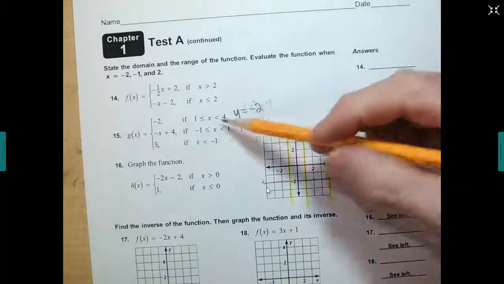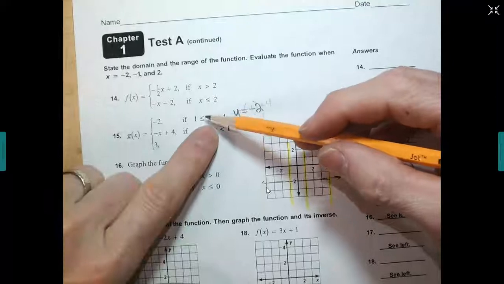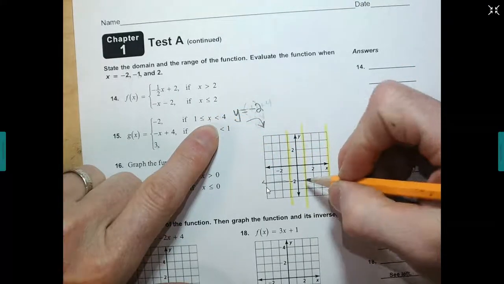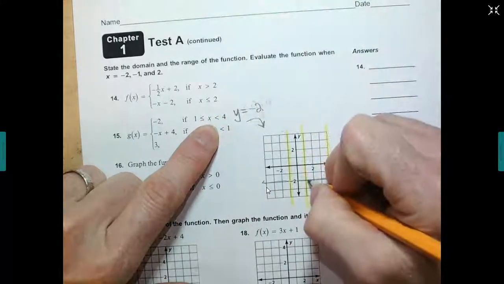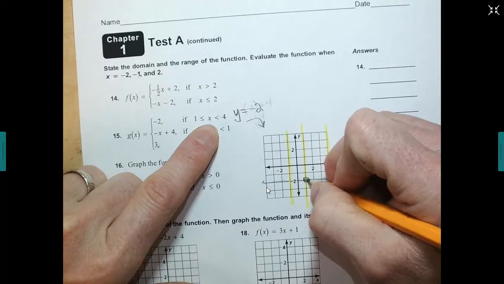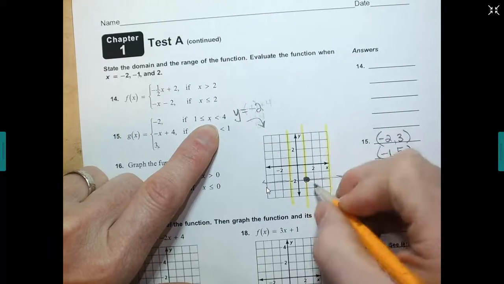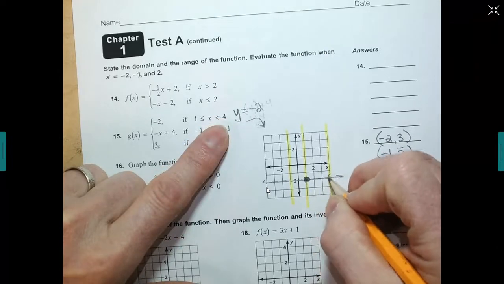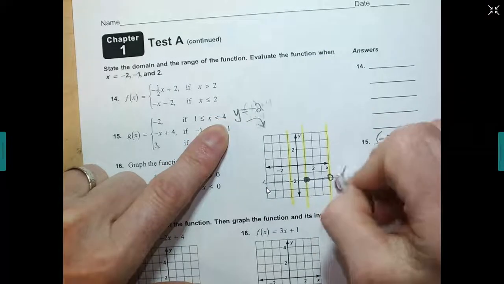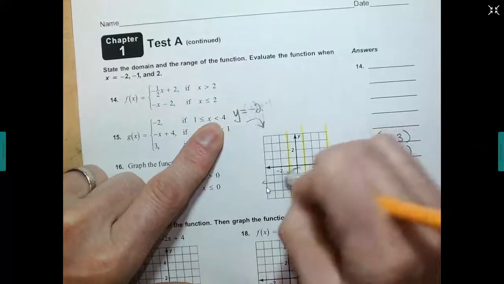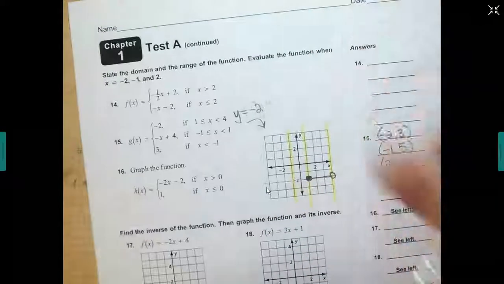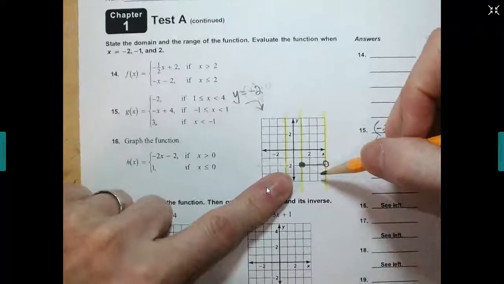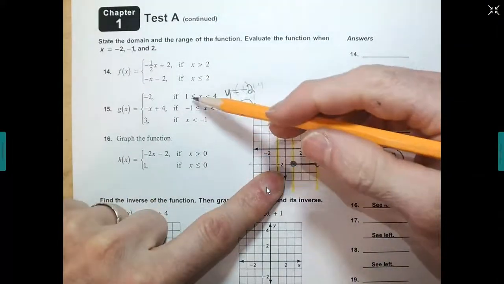Now let's check the boundaries. It's only when x is greater than or equal to 1, so that's a darkened in circle, going this way. And less than 4, so that's an open circle. So I erase everything that's outside of it. So there's my first piece, my first function right there.